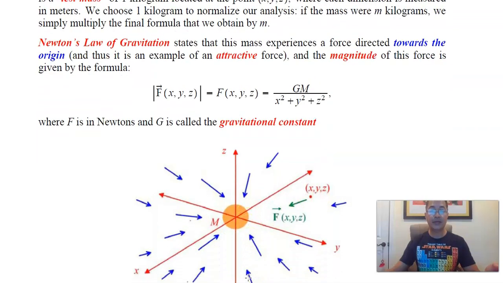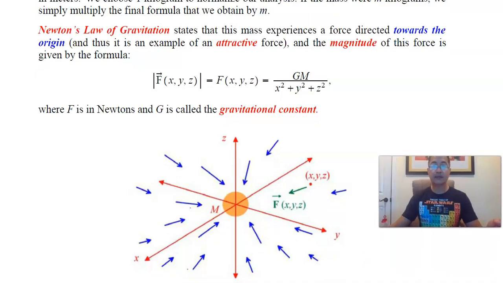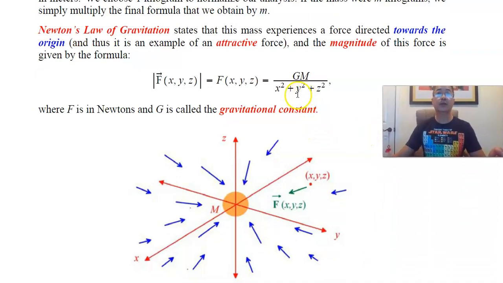So we have this inverse square law or principle. So the magnitude of the force is this essentially constant. It only depends on how heavy the planet is, how massive the planet is, I should say, divided by the square of the distance, x squared plus y squared plus z squared.